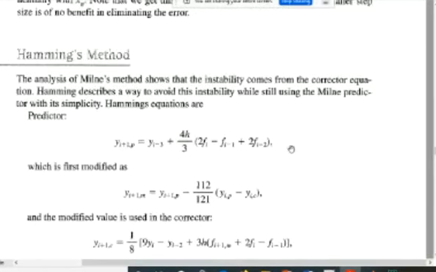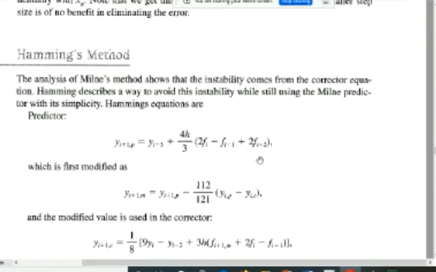We use these equations. y_{i+1}^p, where p refers to predictor, equals y_{i-3} plus 4h/3 times (2f_i minus f_{i-1} plus 2f_{i-2}).